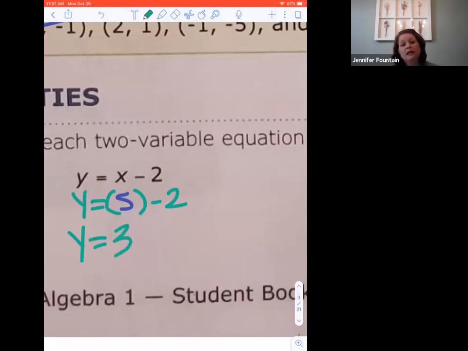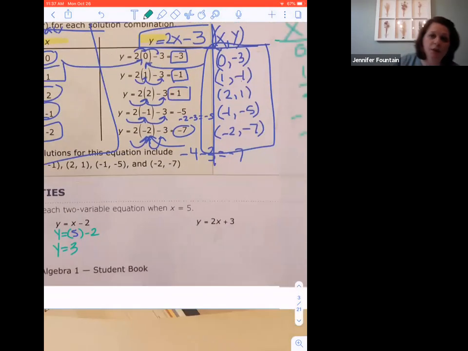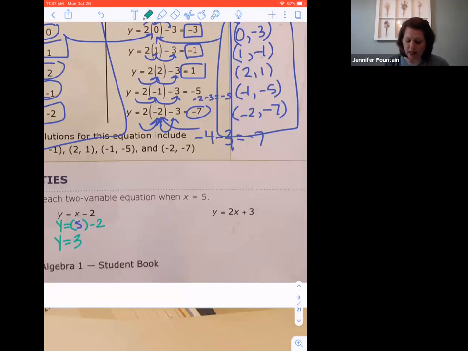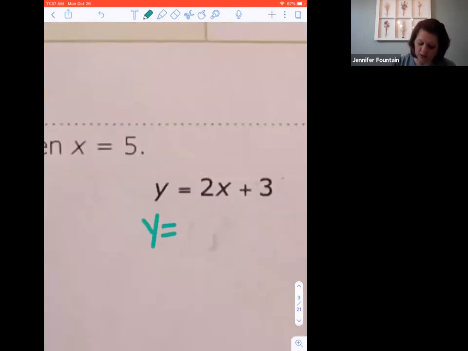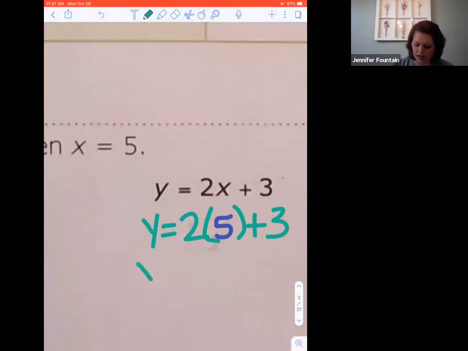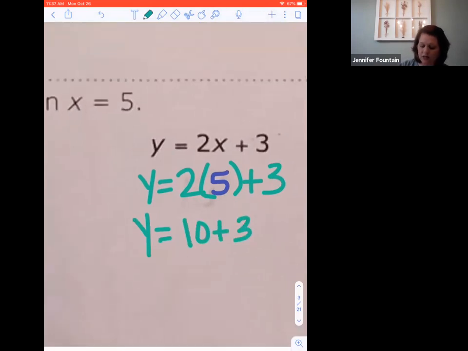So basically this would be like the middle step in our chart where we're just plugging in a value. So y equals 2 times, I'm going to plug in 5. So again, y equals 2 times 5 is 10. Then you have plus 3, so y equals 13.